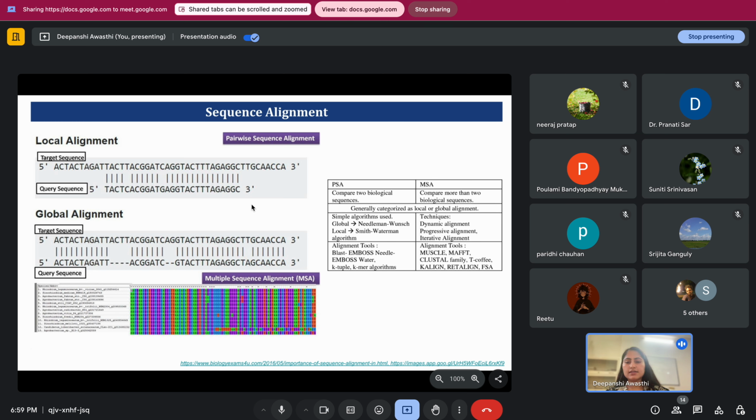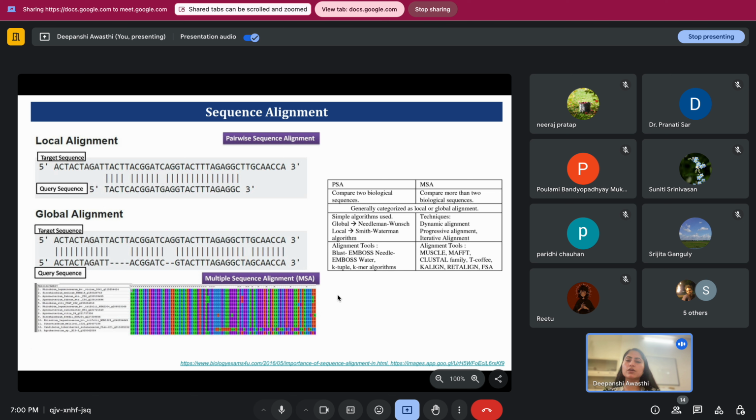And then the other thing is pairwise sequence alignment and multiple sequence alignment. As the name suggests, pairwise sequence alignment means you are aligning a pair of sequences, only two sequences are considered. But when we say multiple sequence alignment, it means you have a single sequence and you are mapping it to multiple sequences. For example, you have an unknown sequence, you got the genome.